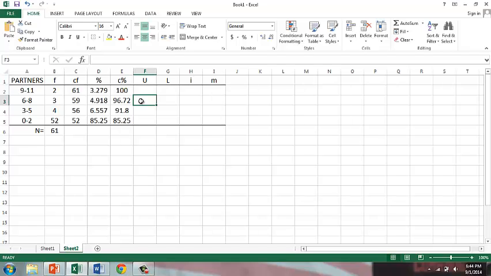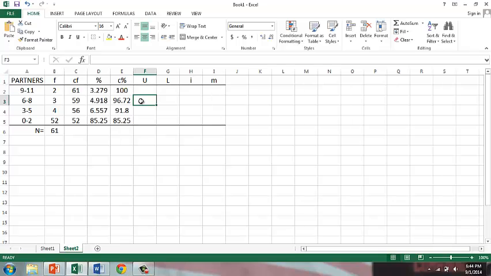If we take the 6 to 8 partners category, the upper limit, as the book explains, is not 8. It is the point halfway between 8 and the first score in the next interval.